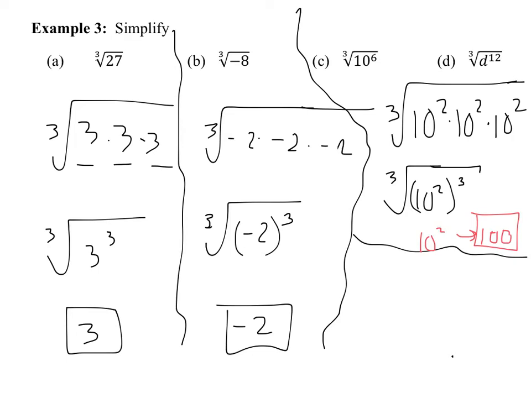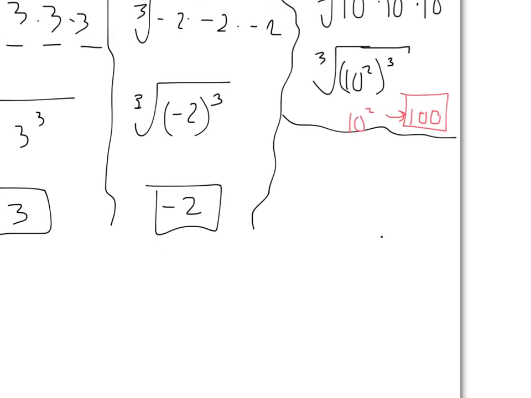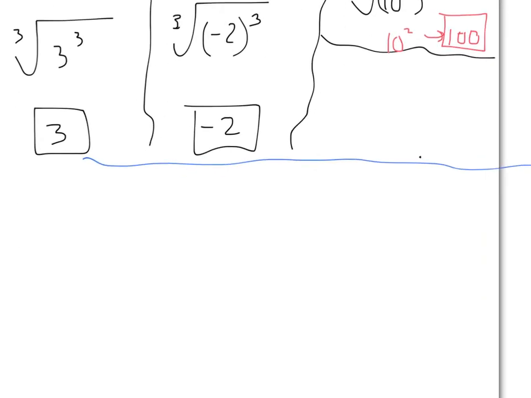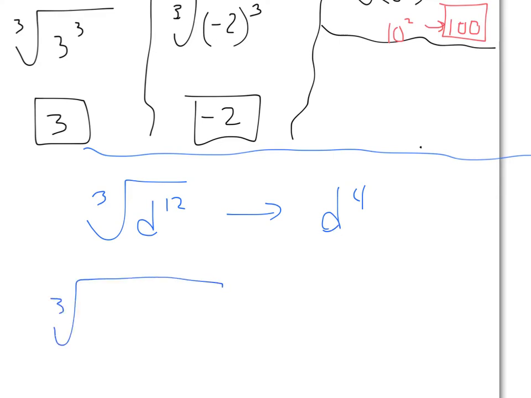So that helps us for part D clearly. Give me the answer for part D real quick, and then we'll go through how it works. Part D was the cube root of d to the 12th power. What's the answer? D to the 4th, because Kelly said 12 over 3 is 4. How do I know? Here's how I know.